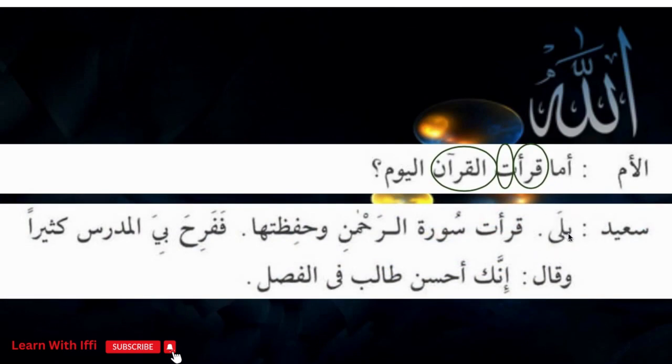And if you see here, it is answering in affirmation. So you say bala, indeed I did. Qara'tu, so I read. So whenever there is a ma, then you have a bala. So qara and tu is fa'il and fa'il, and surata is your maf'ulun bihi wa huwa mudaf, and he says surat ar-Rahman, surah of Rahman, wa hafiztuha.